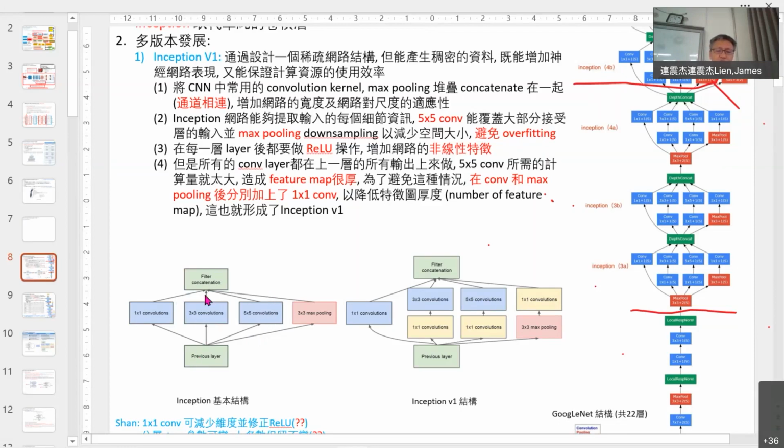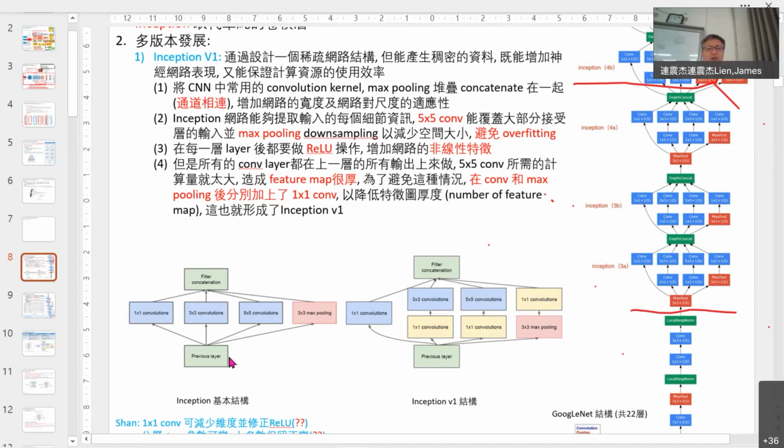This is the first generation, or say the zeroth generation, and Inception V1 is this way. They try to improve the disadvantage of this one. So what is the disadvantage? More parameters. Because this is many maps, not only one channel.